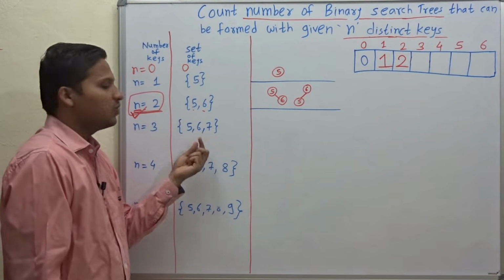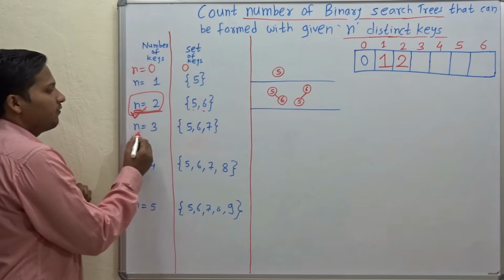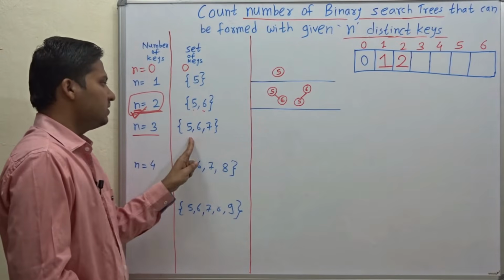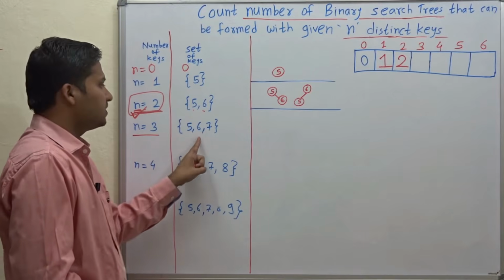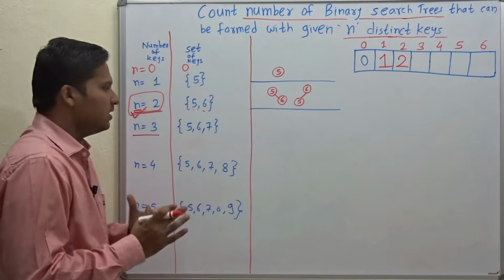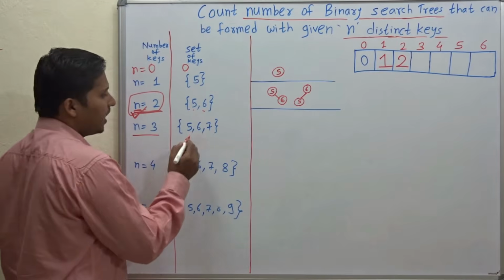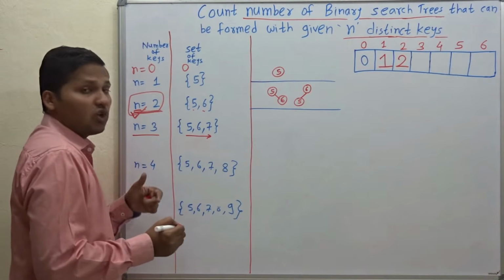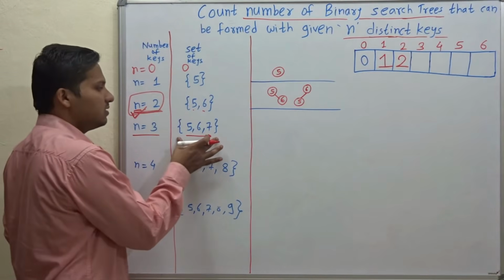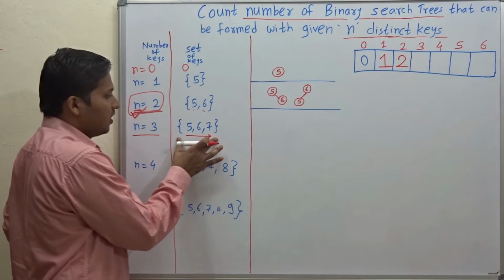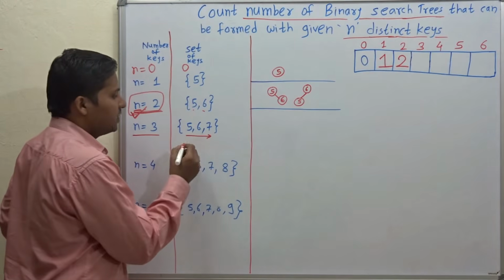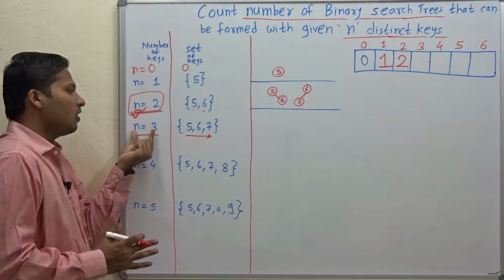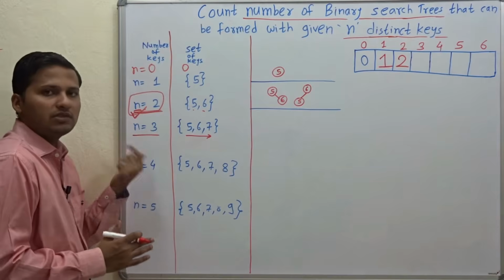So now let's calculate the number of binary search trees for n equal to 3. There is a set of 3 keys and the keys are 5, 6 and 7. See here, just for your understanding, I have written the keys in sorted order. But it is not necessary that these keys should be in sorted order. Whatever the order is of the keys, the number of binary search trees will be the same for the number of keys equal to 3.